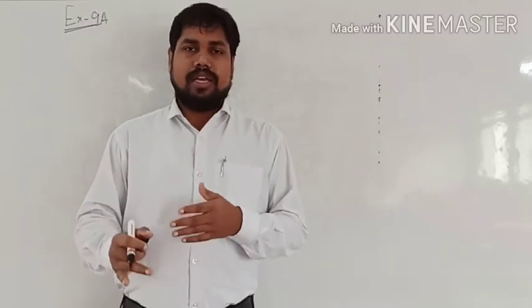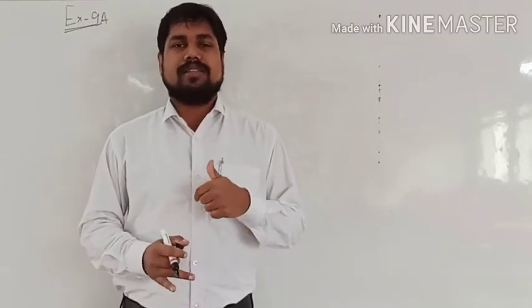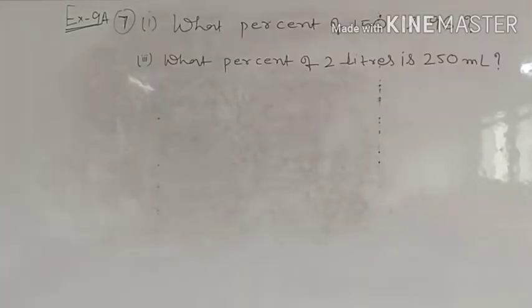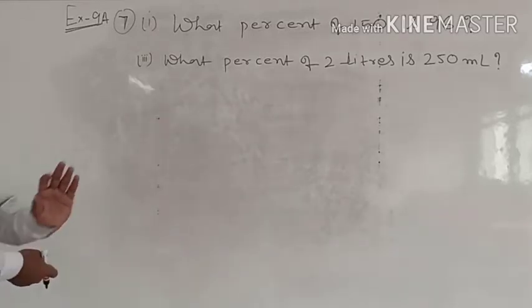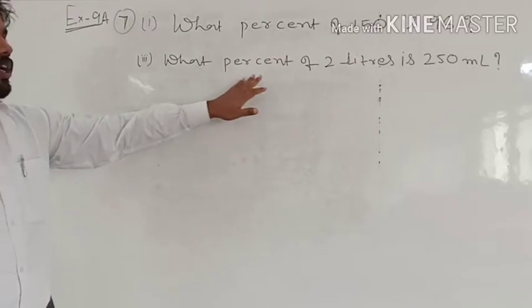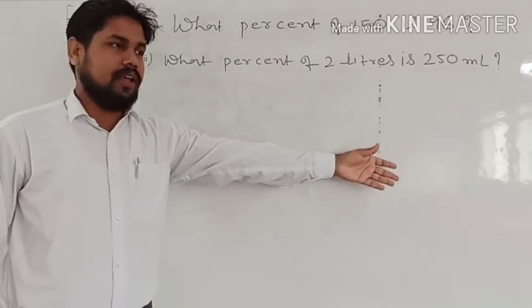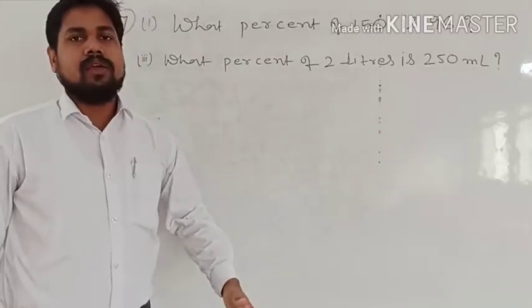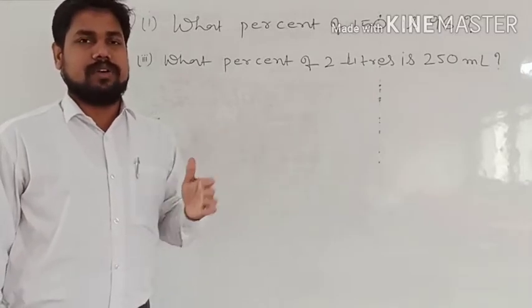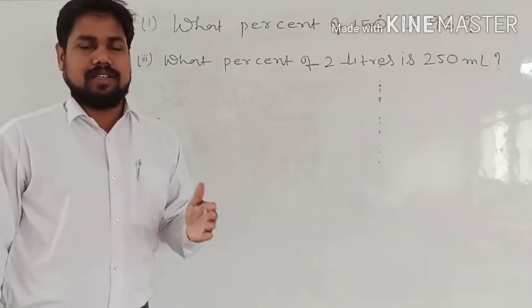Let's see the next what we have in this exercise. So here two more examples are there. What percent of 150 is 96 and what percent of 2 liters is 250 milliliter. Okay. So let us discuss how we can solve this type of questions also, because we have not discussed this earlier in our previous classes.